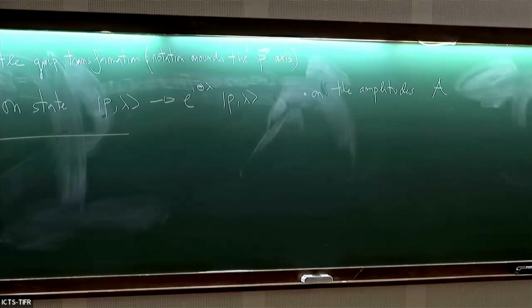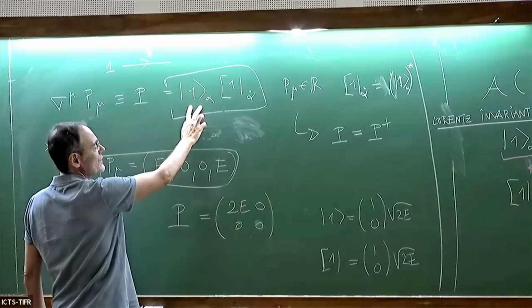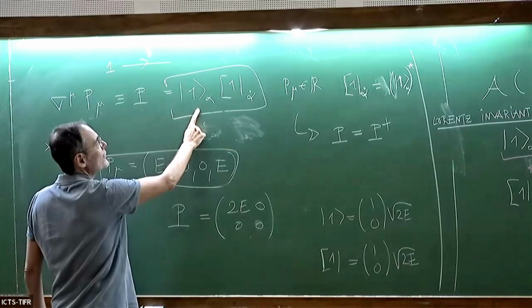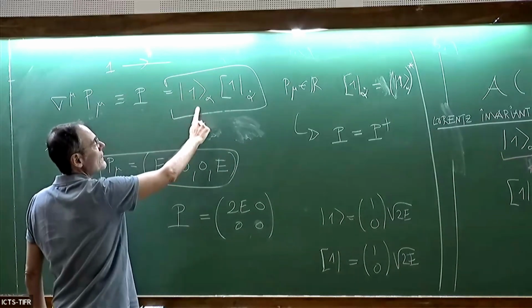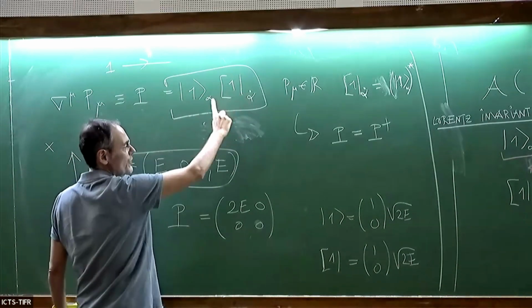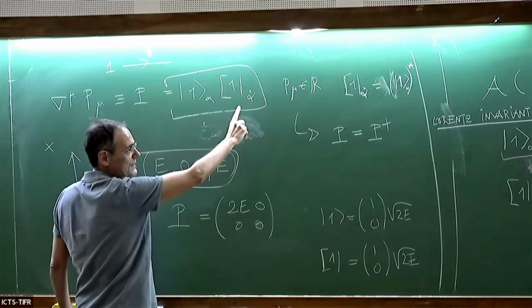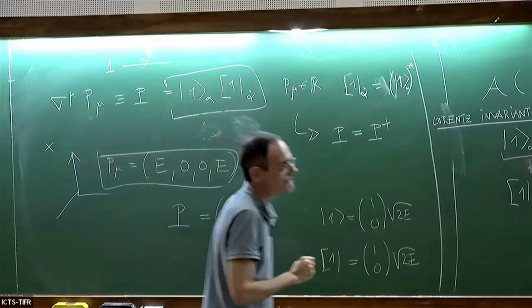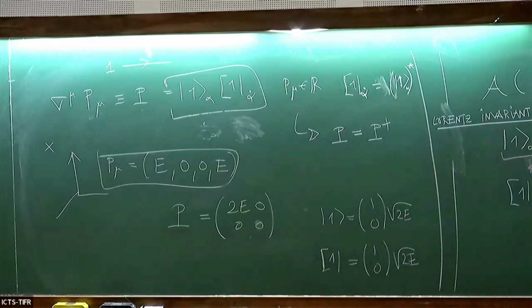It's very simple here. I have to do a transformation that leaves this invariant. So I can change the phase here of this one as long as the other transforms with the conjugate of the phase. This will leave the product always invariant. So there is a redundancy in these spinors.